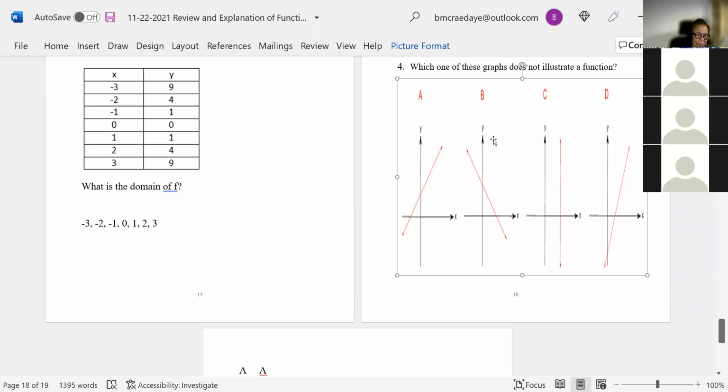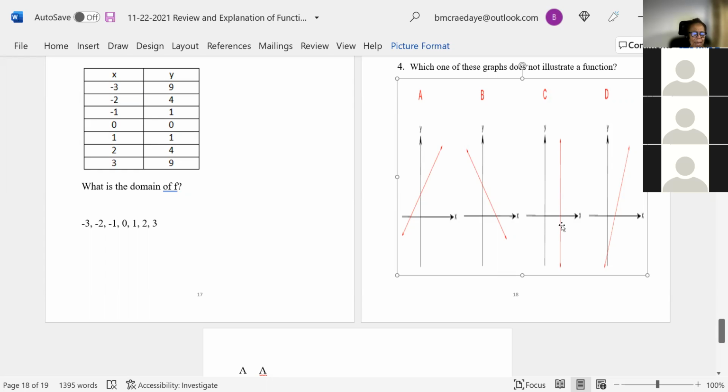That's right. Very good. That's C, because there's one X, but notice you've got all these Y values. So whenever you have a vertical line, it's not a function, right? Because your X value is the same, but your Y values are changing.